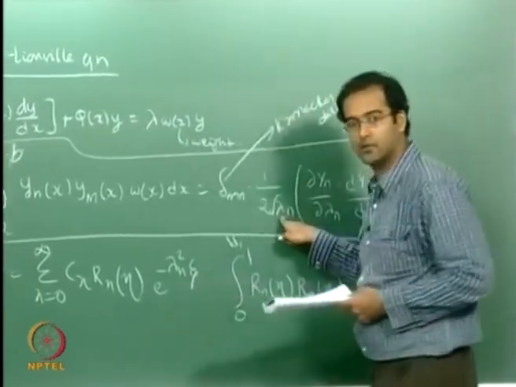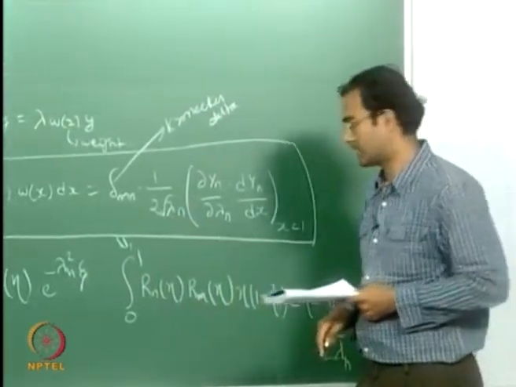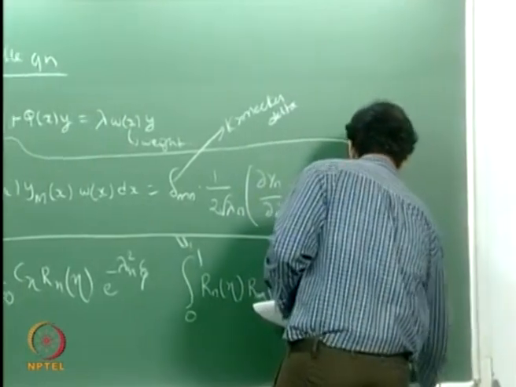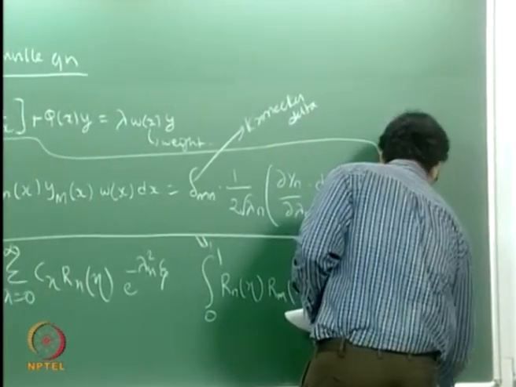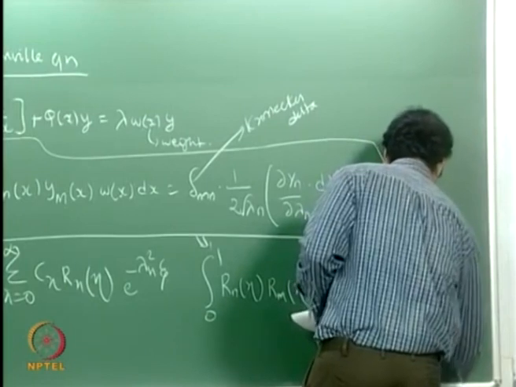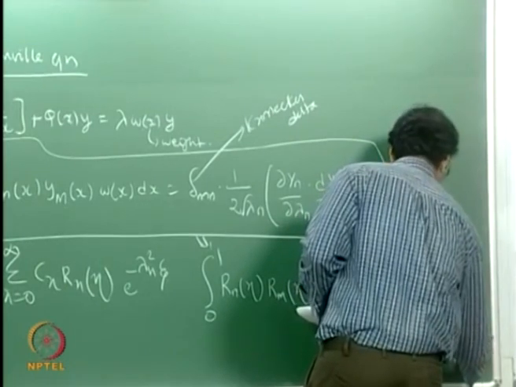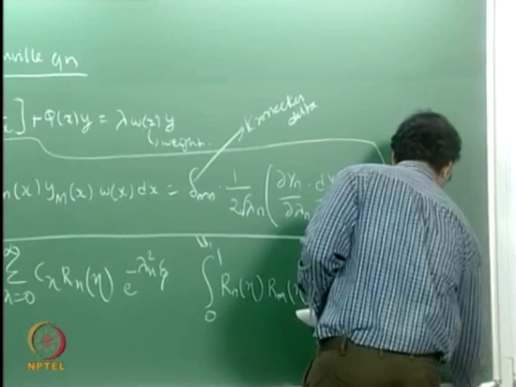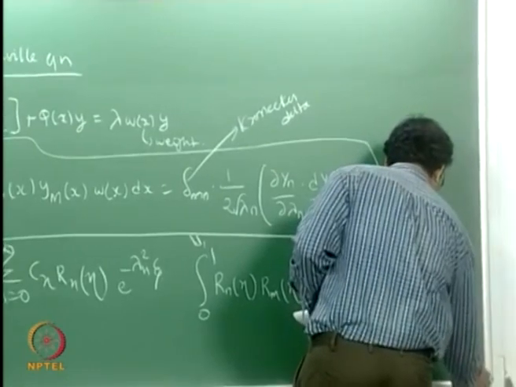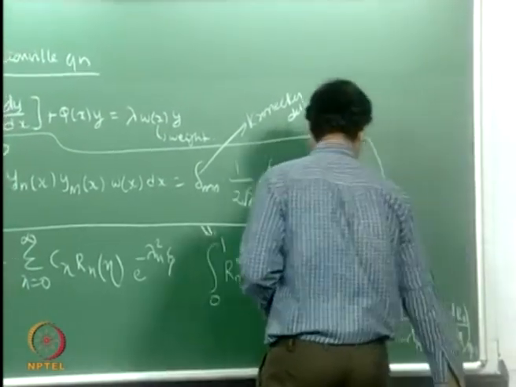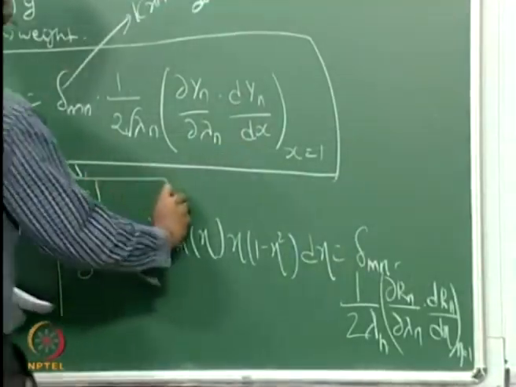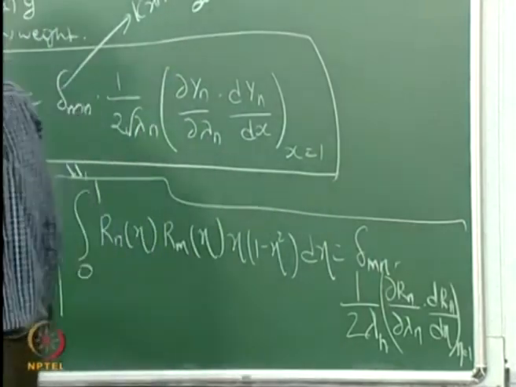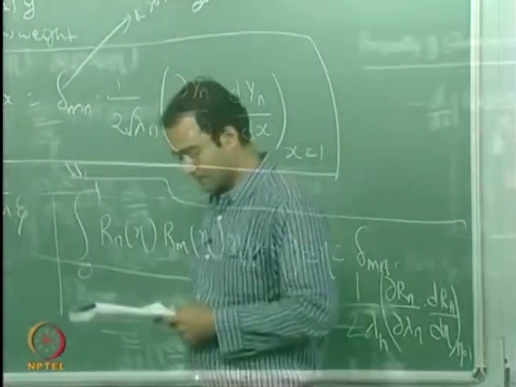So this is the square root of lambda square, which is lambda n, into dR n by d lambda n into dR n by d eta at eta equal to 1. This is how the corresponding Sturm-Liouville property comes out in this case.